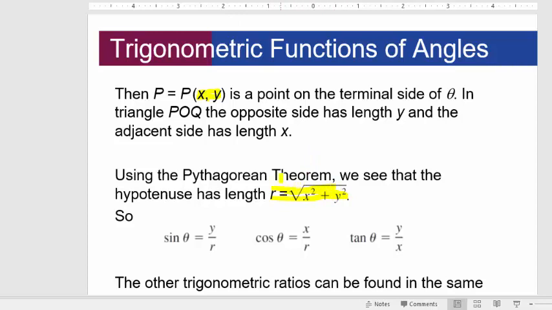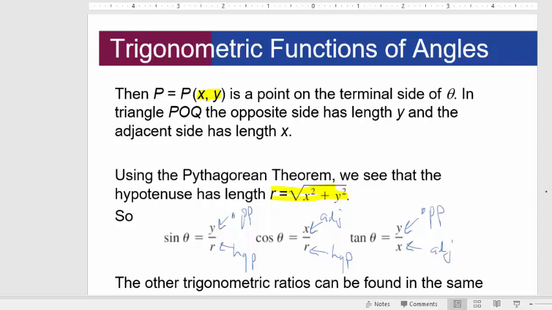Since we said that y was our opposite and r was our hypotenuse, the sine of theta can just be written as y over r, which was opposite over hypotenuse. The cosine can be written as x over r, which was adjacent over hypotenuse, and the tangent can be written as y over x, which was the opposite over the adjacent.